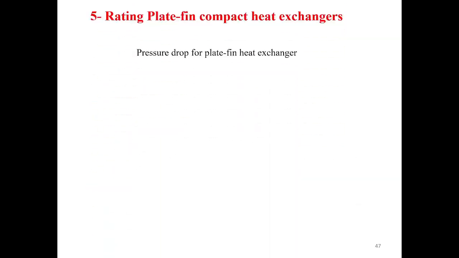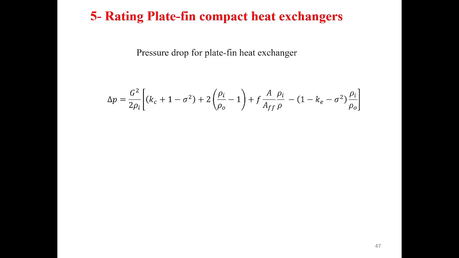The pressure drop for a plate fin heat exchanger, gas to gas heat exchanger, in some textbooks can be written as this, similar to this expression, but notice that it now has 1 term, 2 terms, 3 terms, 4 terms. Of course, this term we know, which is due to friction, and this term we know since this is due to acceleration, deceleration.